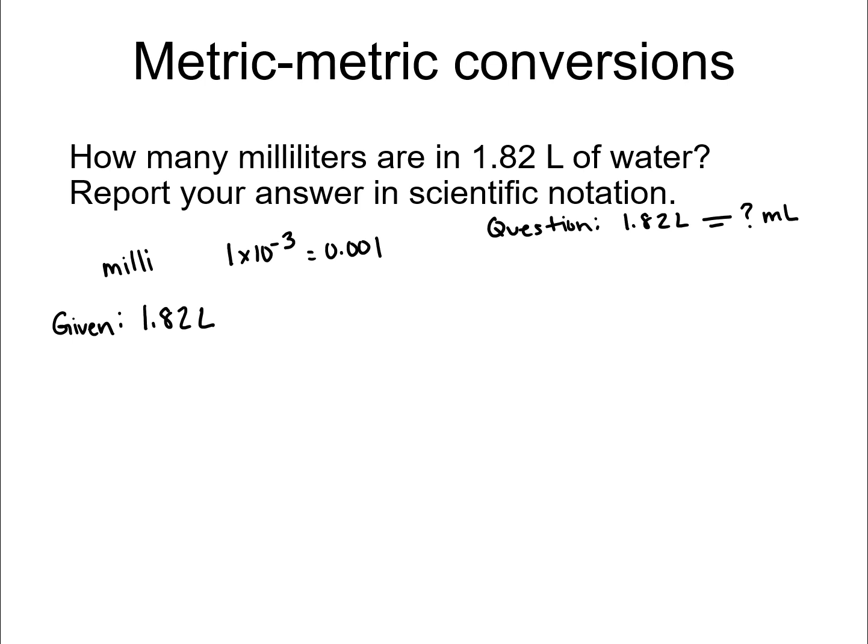The relationship between milliliters and liters: if I have 1 milliliter, that's 1 times 10 to the minus 3 liters. That's my unit equation. Does that help with setting it up?